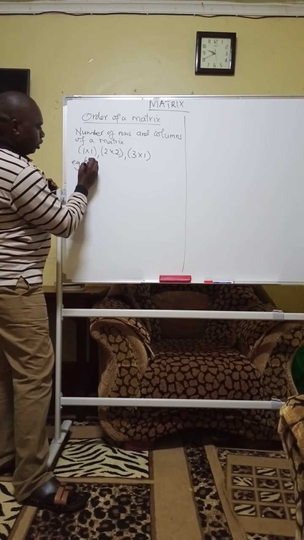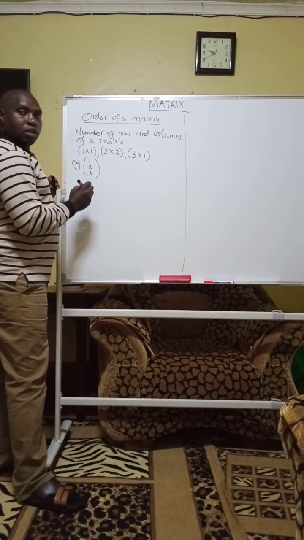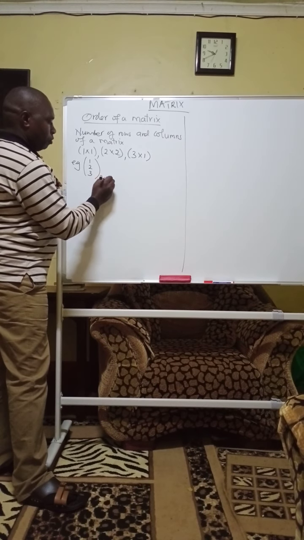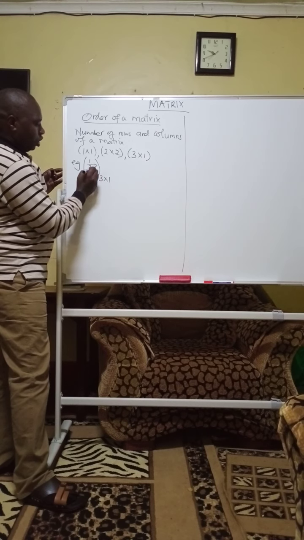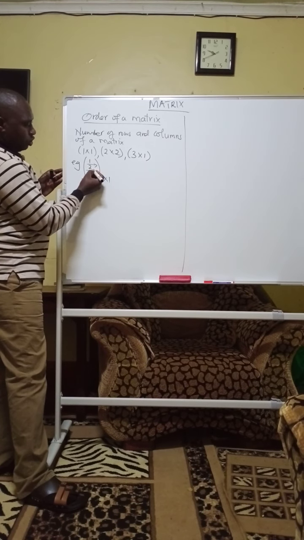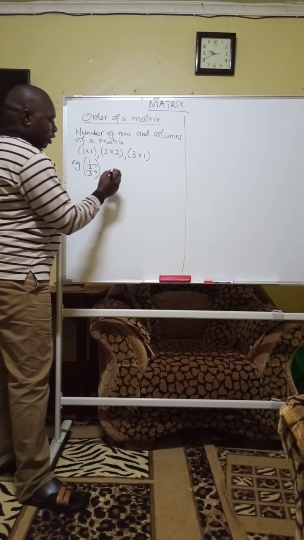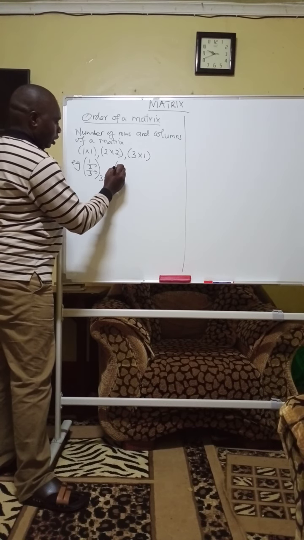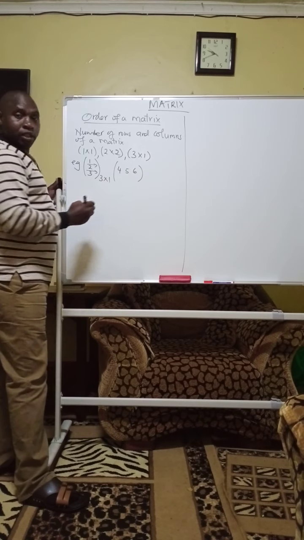For instance, matrix 1, 2, 3. This is a matrix of order 3 by 1, meaning that it has 3 rows. You can check, this is the first row, second row, and third row. And another matrix, let's call it 4, 5, 6, a single row matrix.